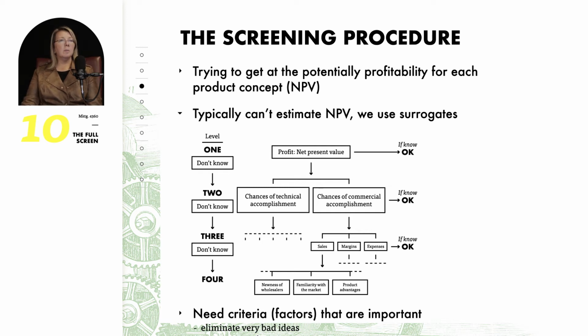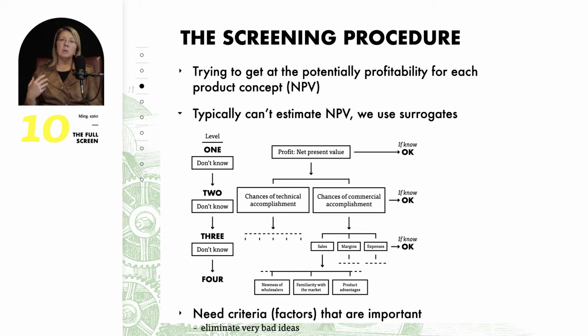For example, you might want to estimate technical chances for success and commercial chances for success. That's very typical for what a company would look to do with a new product. But again, you can't necessarily quantify those things either, and so you continue to look for another layer of surrogates.